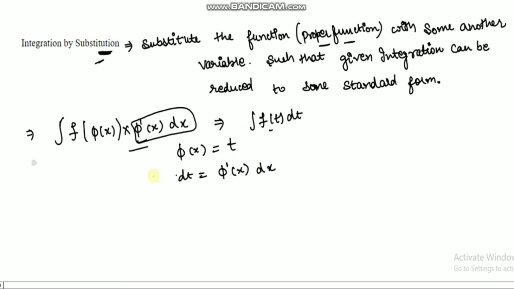Okay, let's try to solve an example. Let's consider the example that we have seen in our previous video.